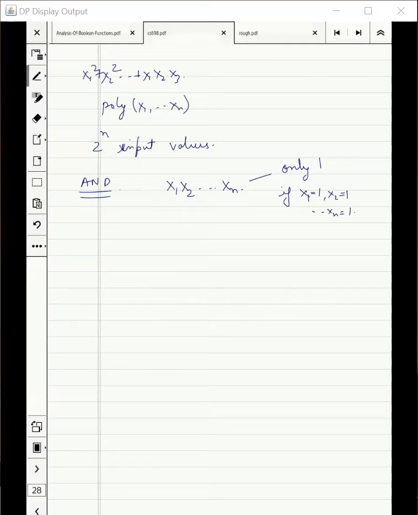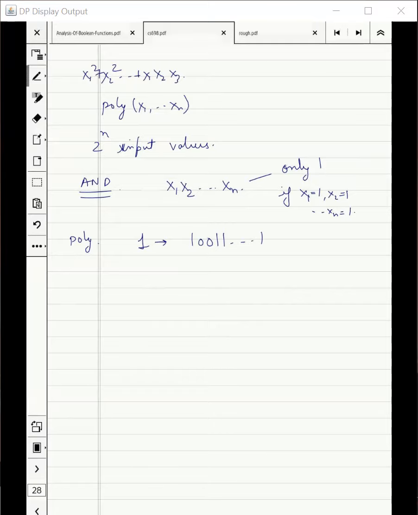Sounds good. Let's change our problem slightly. I want a polynomial for the function which is 1 only if my input is 1, 0, 0, 1, 1, 1, 1, 1. Can someone other than the person who answered last time tell me a polynomial? Wherever they are 0, just negate those values. What do you mean by negate? I mean, replace it by 1 minus that variable. Okay, very good.